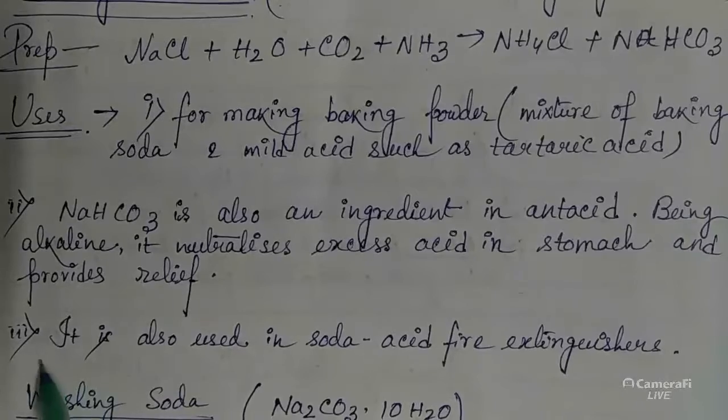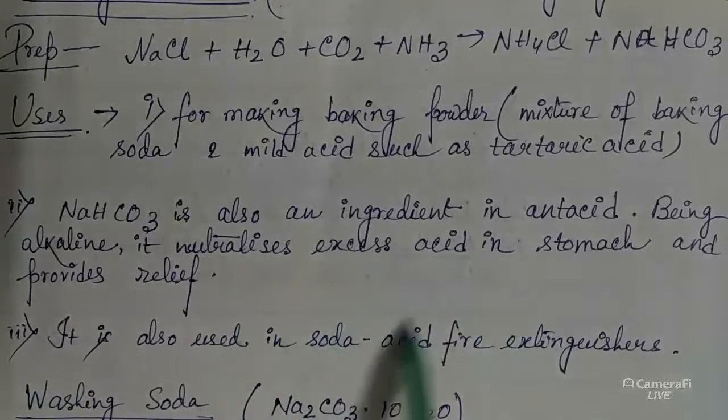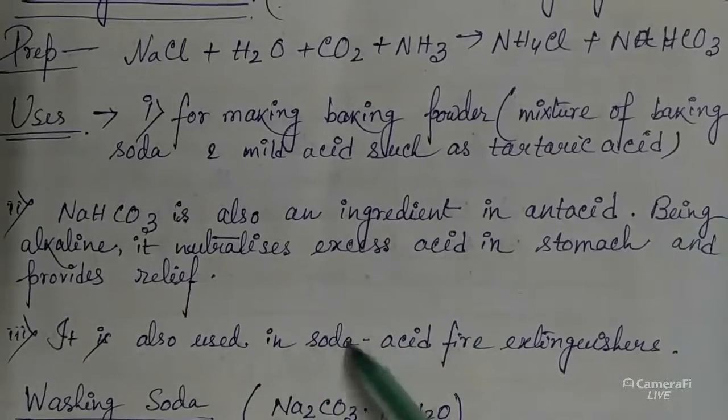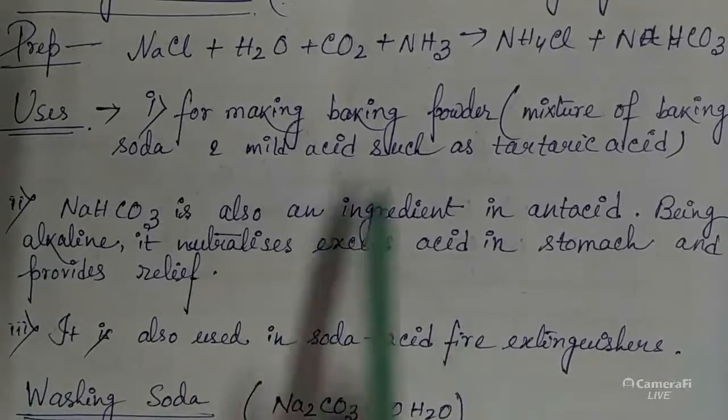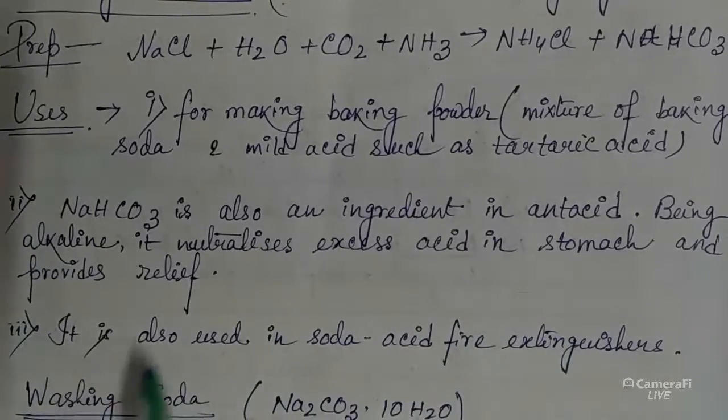Understood? Now we are coming to the last use of baking soda. Generally we can use baking soda for many purposes, but these are the common uses. It is also used in fire extinguishers.